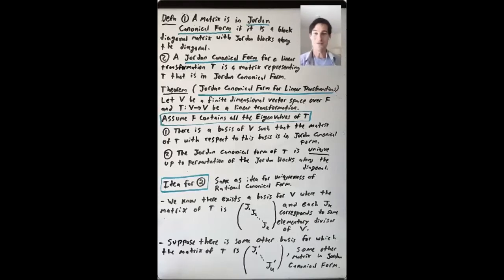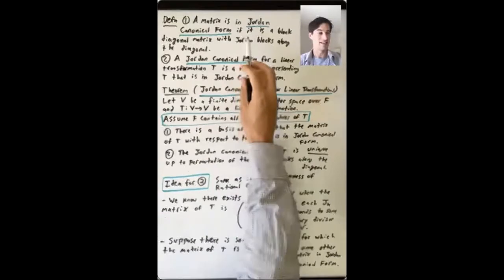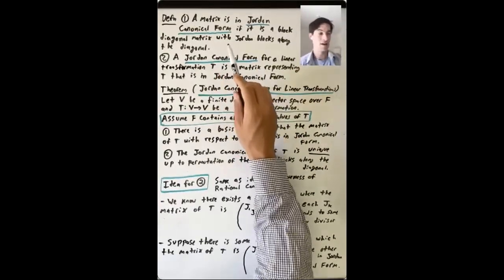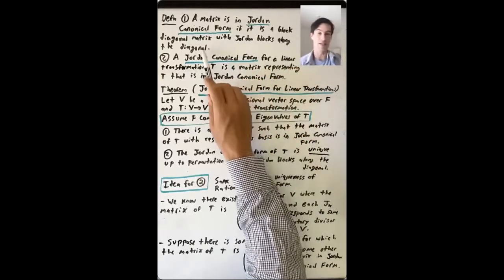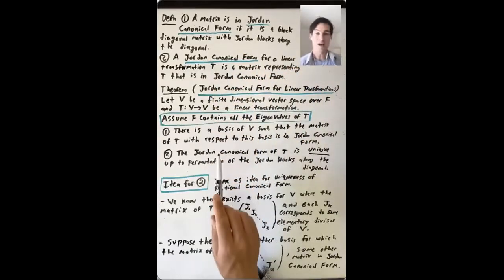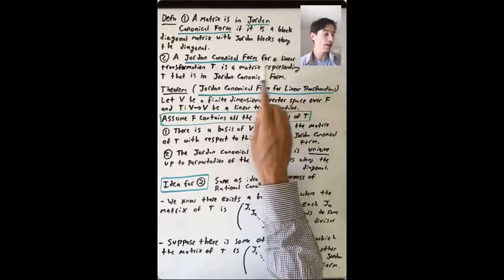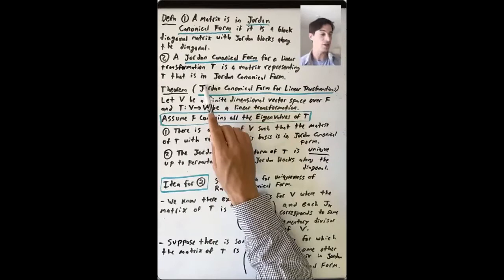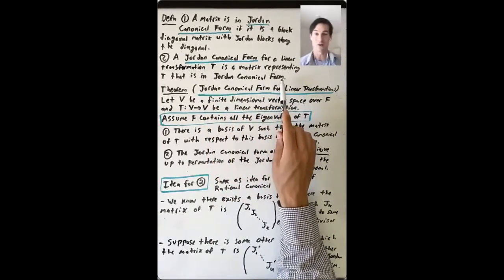We can now define Jordan canonical form. A matrix is in Jordan canonical form if it is a block diagonal matrix with Jordan blocks along the diagonal. And a Jordan canonical form for a linear transformation T is a matrix representing that linear transformation that is in Jordan canonical form.